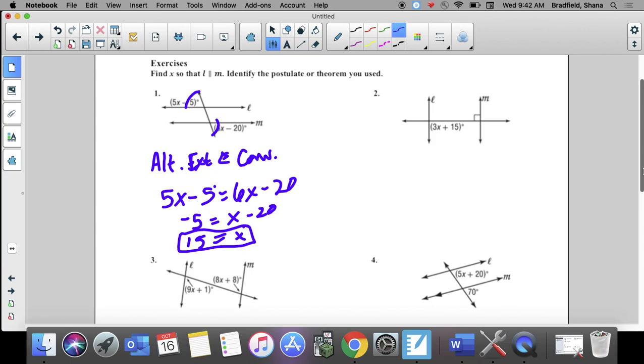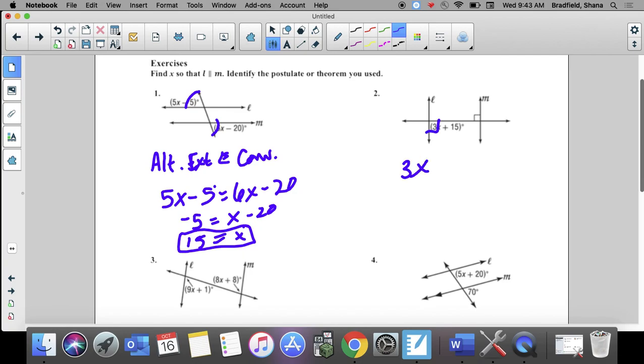We could also use the fact that if two lines are perpendicular to the same line, then they are parallel to each other. And so we can see that M is perpendicular to the transversal, so L would also have to be perpendicular to the transversal, which would make 3x plus 15 a right angle as well.